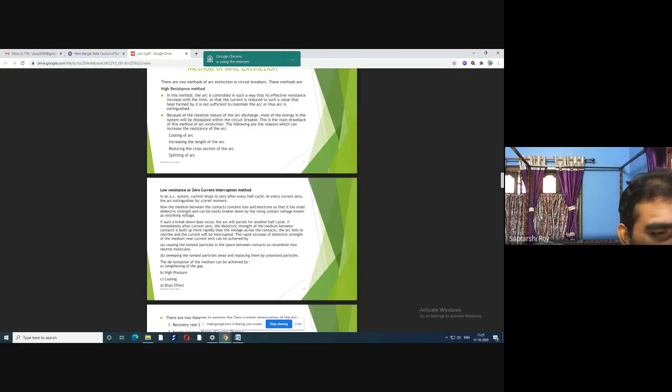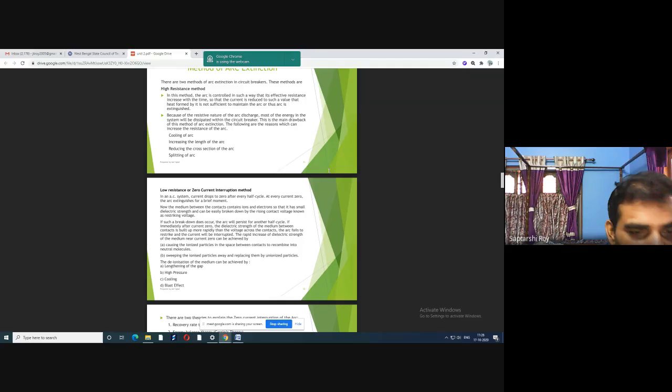Now the medium between the contacts contains ions and electrons, so it has small dielectric strength and can easily break down by the rising contact voltage known as restriking voltage. If such a breakdown occurs, the arc will persist for another half cycle. If immediately after the current zero, the dielectric strength of the medium between contacts is built up more rapidly than the voltage across the contacts, the arc fails to restrike and the current will be interrupted.